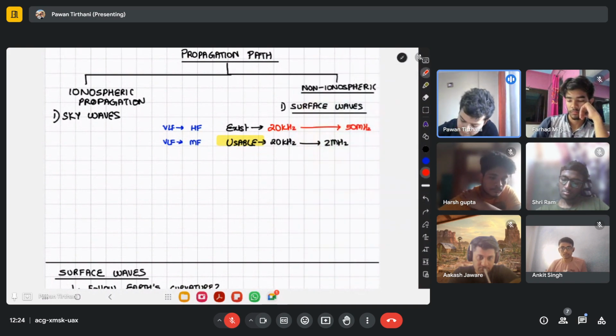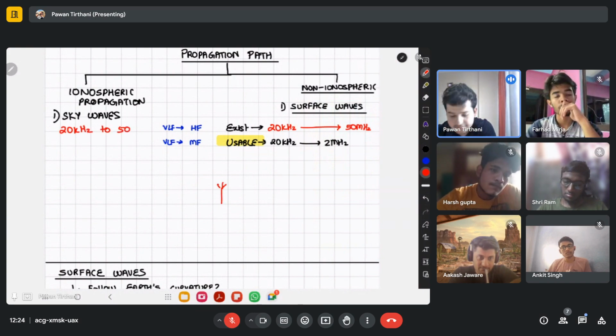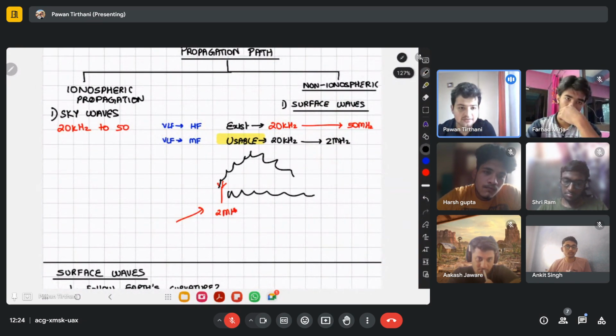But does that mean we use all of it? No. So मतलब अगर मेरे पास एक एंटेना है, मैंने इसमें एक वेव डाली which is 2 megahertz, तो the wave that is coming out of this will propagate as surface wave and also as sky wave.